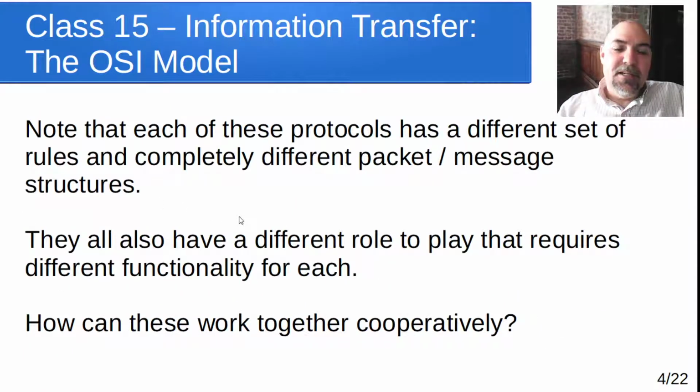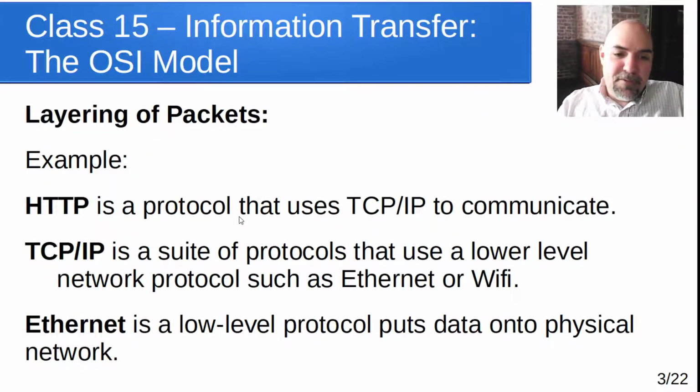The idea here is that each of those protocols has a different set of rules and has a completely different kind of packet and message structure. They also all have a different role to play that requires different functionality for each. Going back for a second, HTTP just deals with web page content. TCP deals with sequencing of data in a sequenced connection to make sure the packets are received in the right order and none are missing.